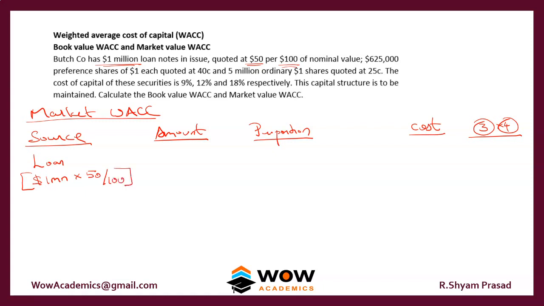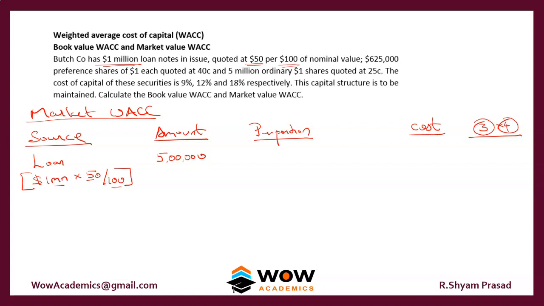So divide this, and you will get the number of loan notes, multiplied by the market value of each loan note, that is 50. So you will end up with this value.